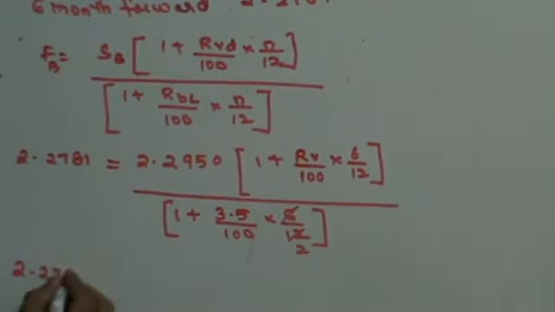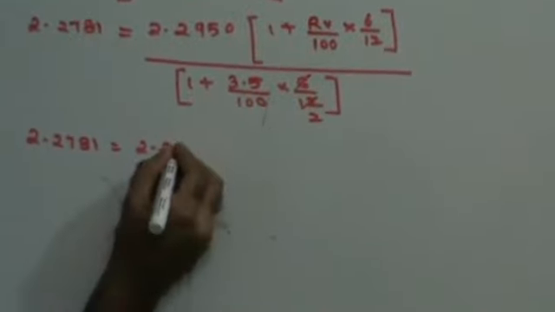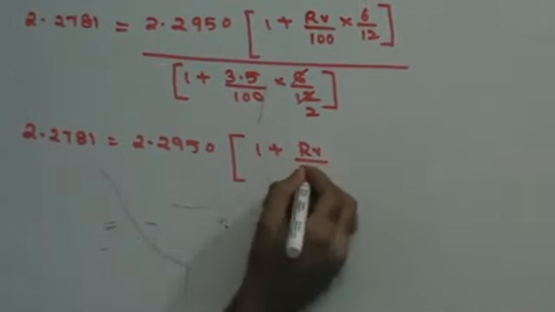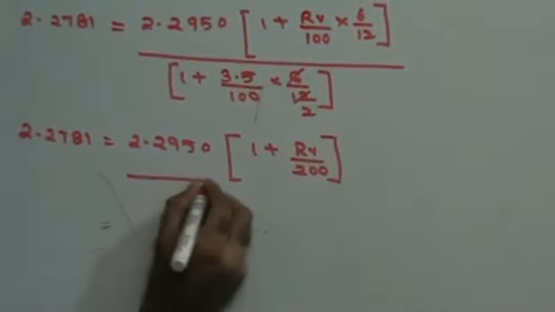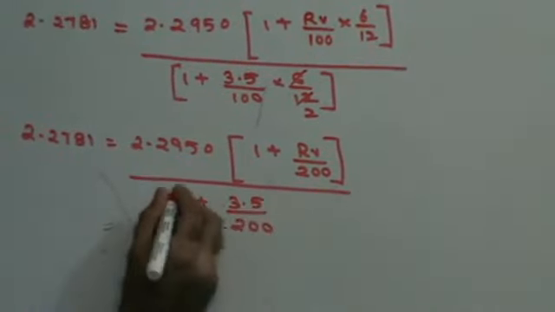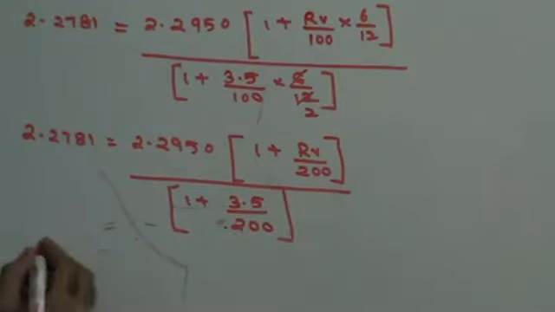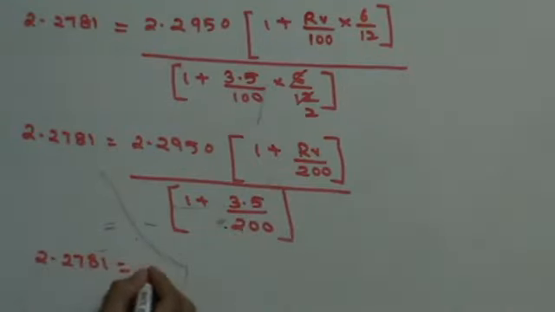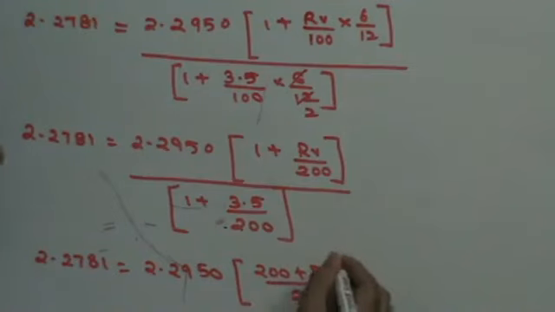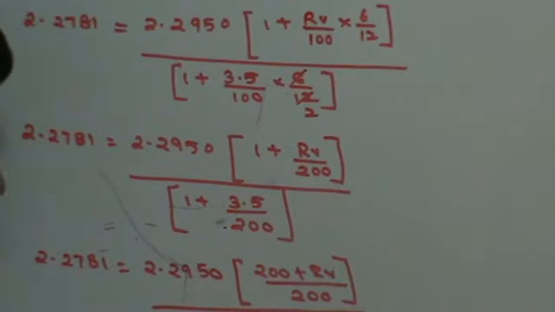So this is 2.2781 is 2.2950, 1 plus RV upon 200, upon 1 plus 3.5 upon 200. Right? This is 2.2781 is 2.2950, 200 plus RV upon 200, upon 200 plus 3.5 upon 200.